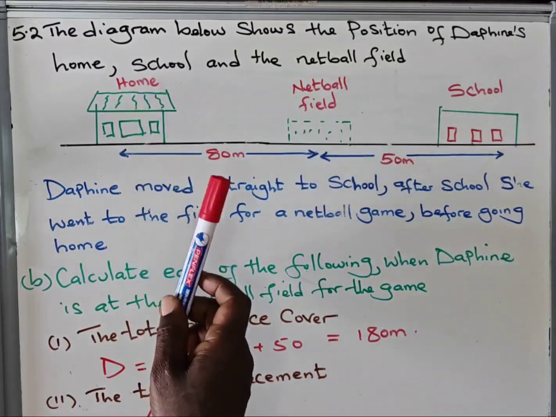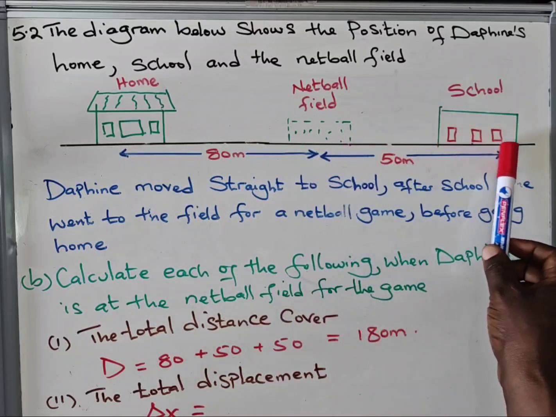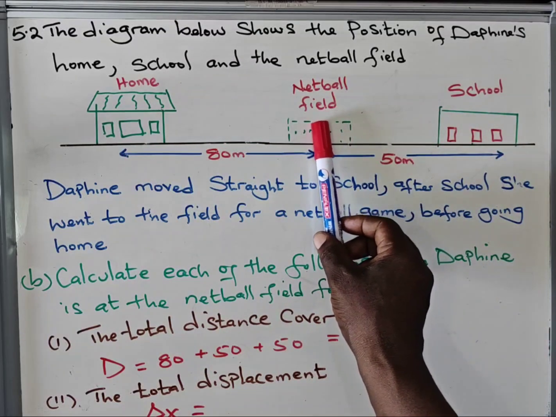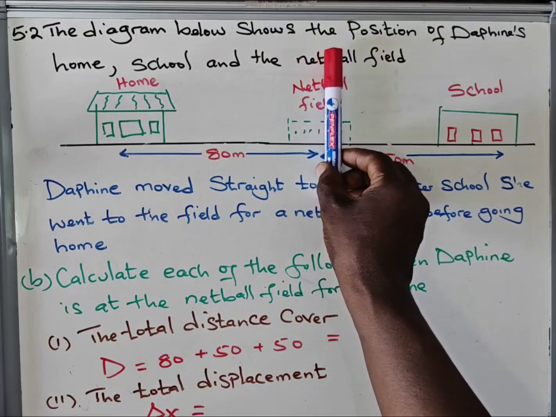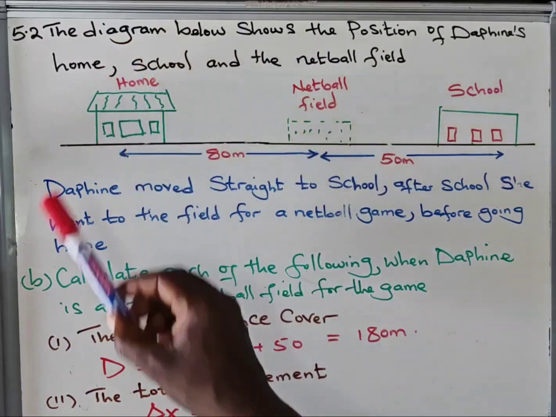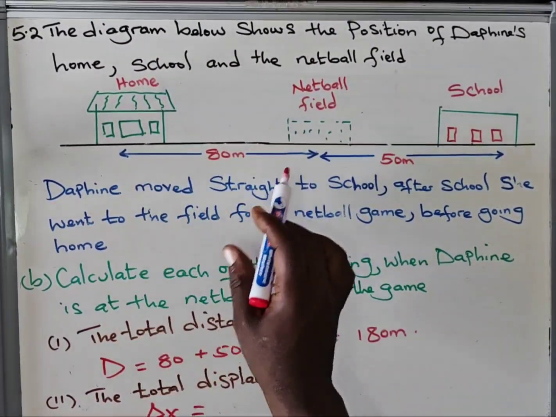We need to recall that she moved straight to school and then came back to the netball field. So our displacement now is from the field to home. Let's follow the movement.